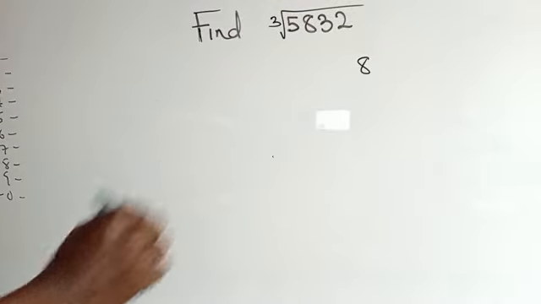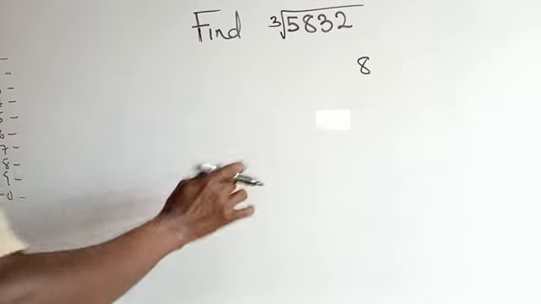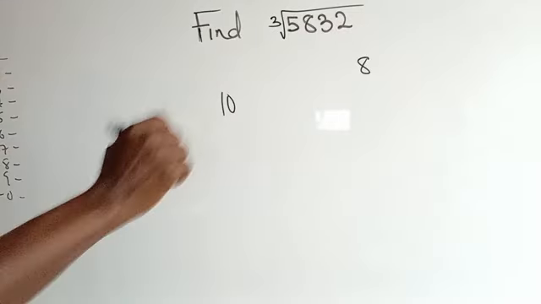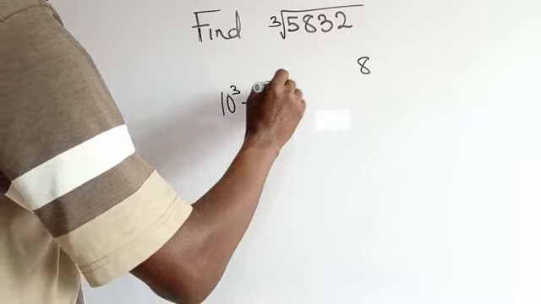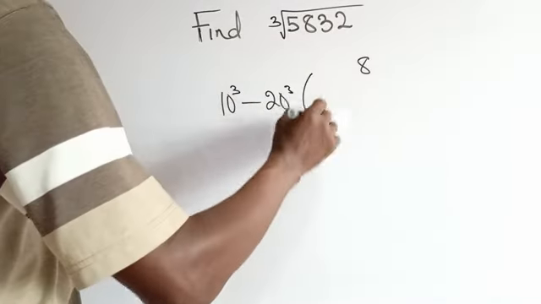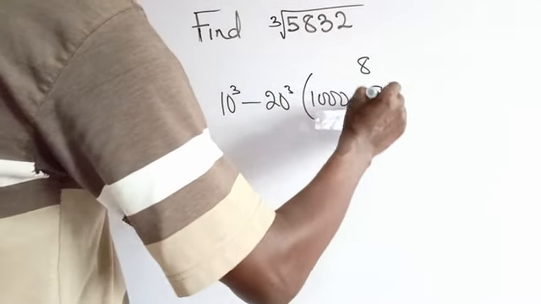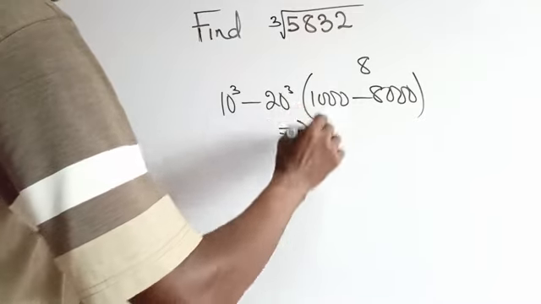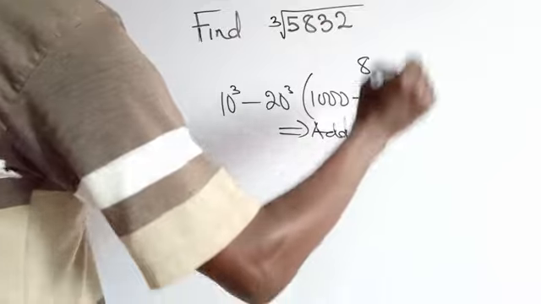Now the second step is this. Check if the given number is between 10 raised to power 3 and 20 raised to power 3. What is 10 raised to power 3? That is 1,000, and 20 cubed is 8,000. So you choose 1; you add 1.